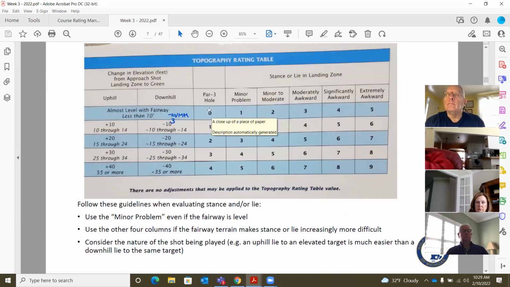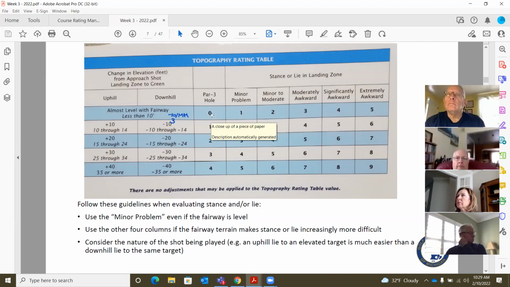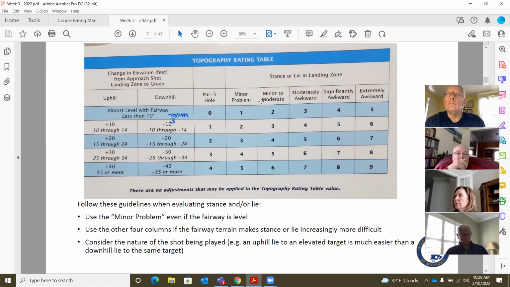So you might have a par 3 hole that's completely flat, and that will get you a value of 0 for the scratch player. But for the bogey player, because they can't reach the green, they might have a minor to moderate problem or a minor problem, and it'll be a value of 1 or 2 or whatever you award for them.